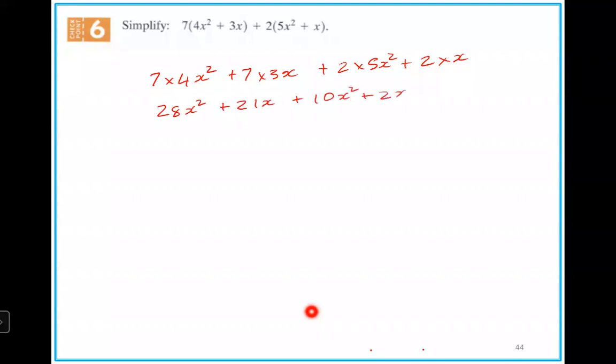Then you're gonna bring the like terms together. 28x squared plus 10x squared plus 21x plus 2x. 38x squared plus 23x. Okay. Thank you. Very good.